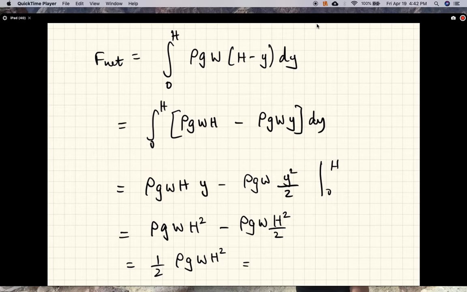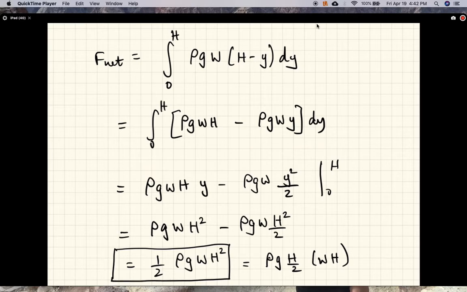Let's write it more sensibly. So this is rho g H by 2 times w H. Okay, and the reason I write it like this is so this is the net force. Now here's the answer, and I'm trying to make sense out of this answer.